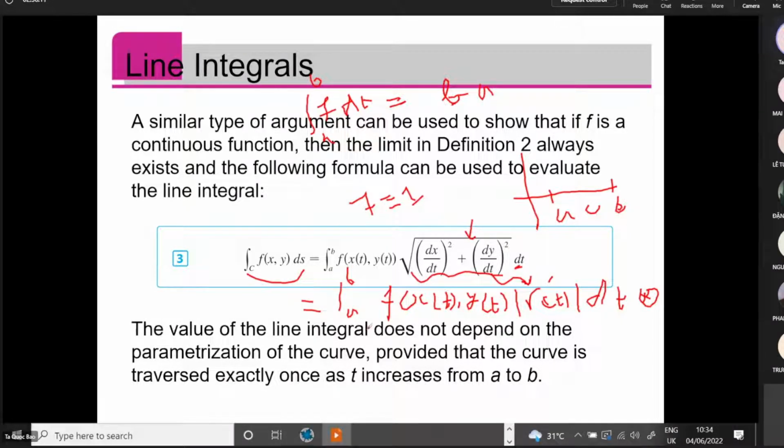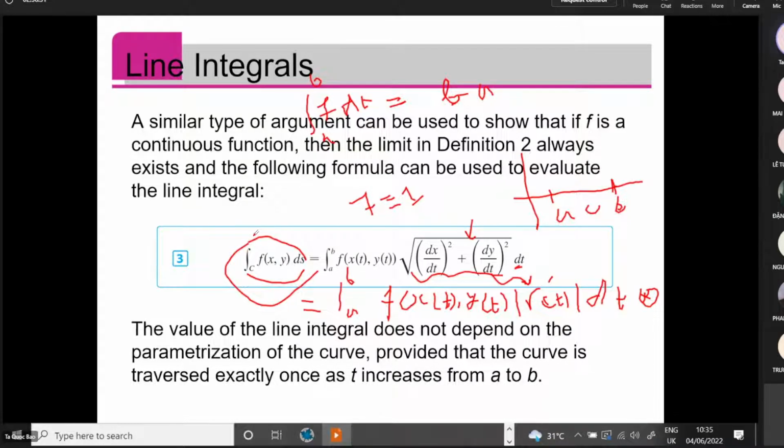It's a special case of this integration. Understand? So you can see the definition of integration for one variable in Calculus 1 is a special case of this integration, in case C becomes the interval [a, b] on the x axis.